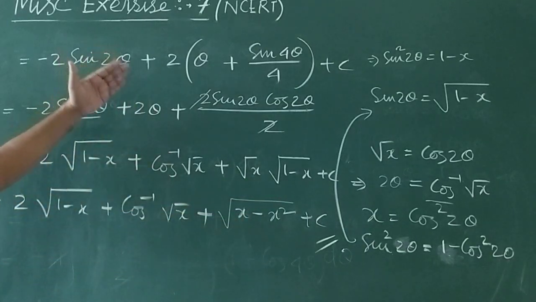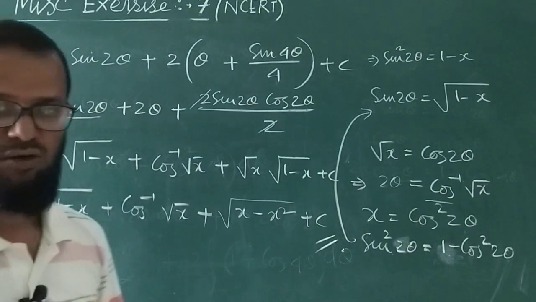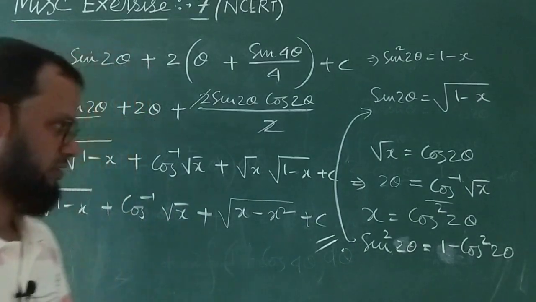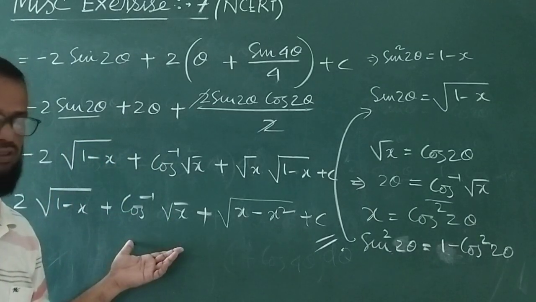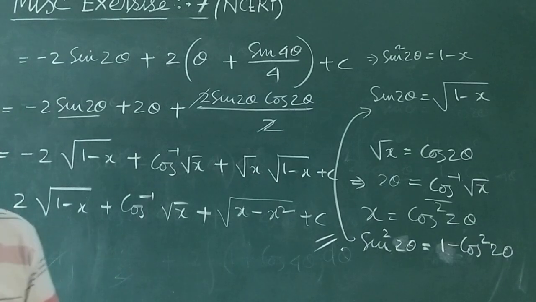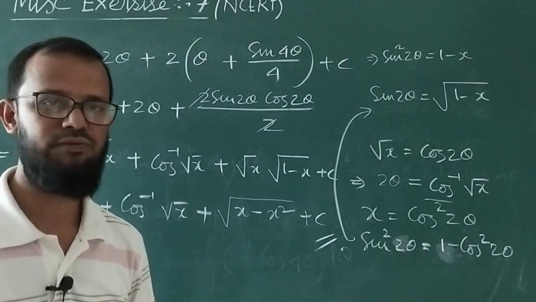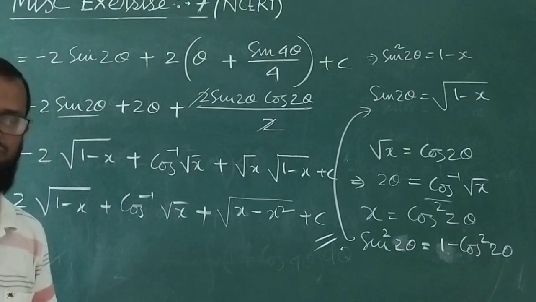Okay, so see how I have solved this particular problem. What is the substitution, where is the trigonometric formula used, and which trigonometric formulas I have used in this particular question. So remember, all these formulas are required. Without knowing the formulas and results of trigonometric identities, it will be very difficult for you to solve these questions.